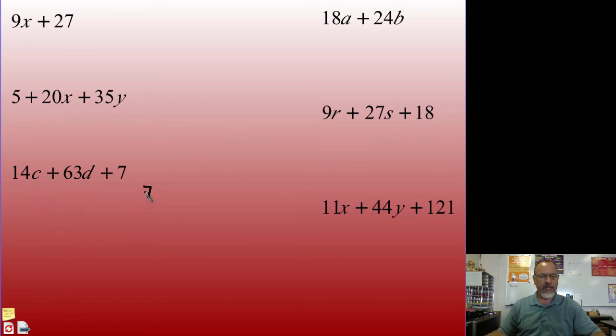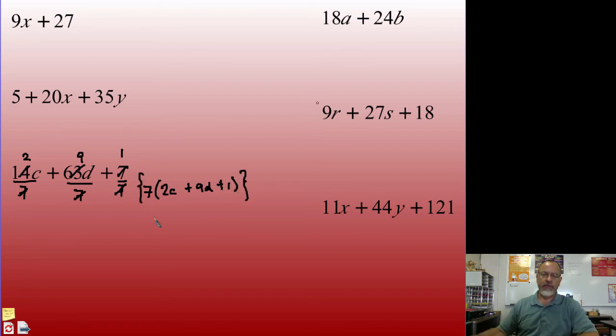So we're going to divide each of these terms then by 7. 7 goes into 14 2 times, that leaves me 2c. 7 goes into 63 9 times, that leaves me 9d. And 7 divided by 7 is 1, and so we have 1 here. Okay, so distributive property in reverse, that's factoring.